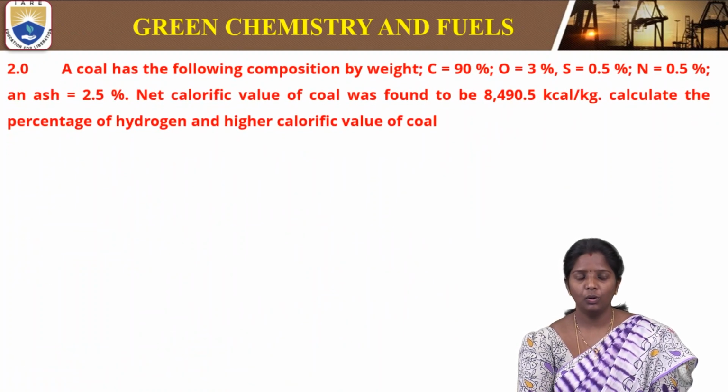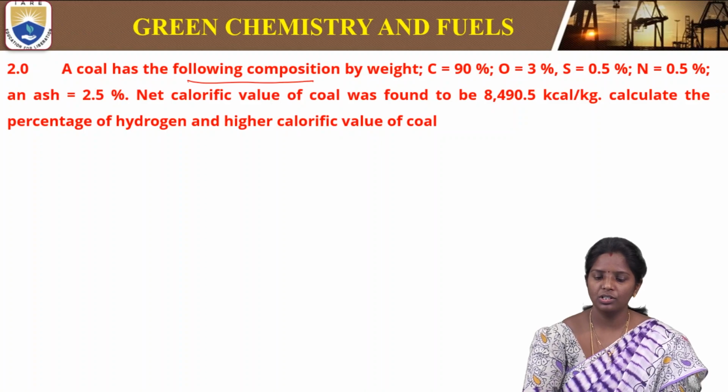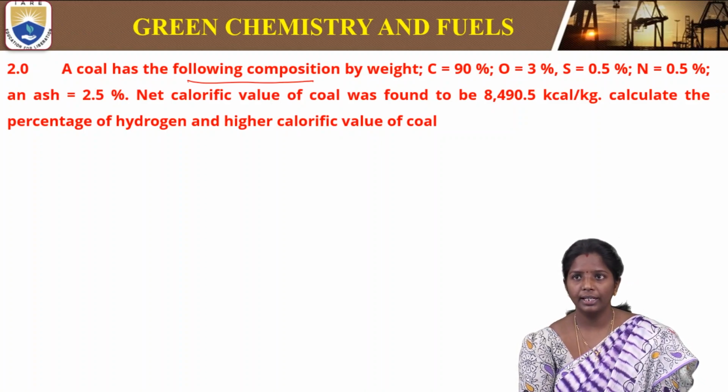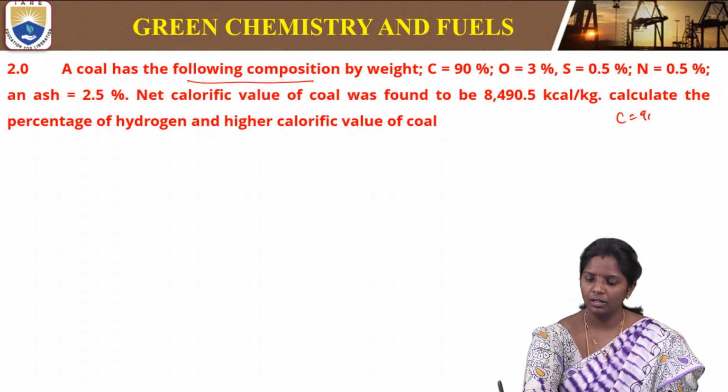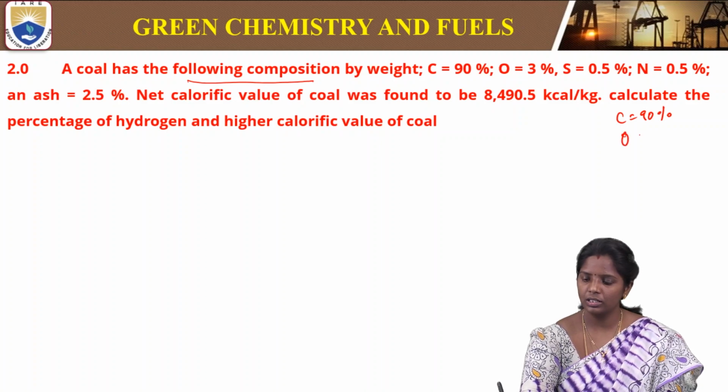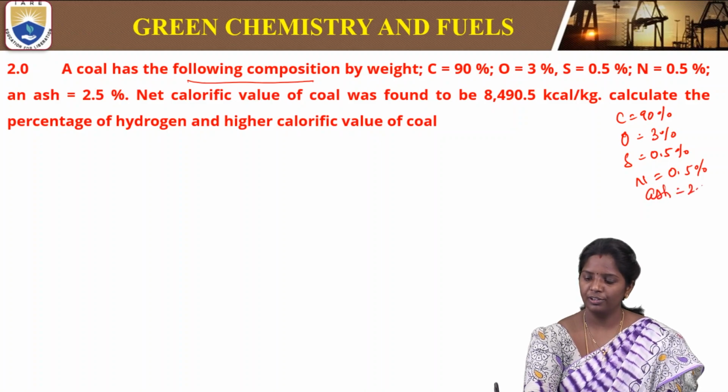Next, a coal sample has the following composition by weight. Carbon is 90%, oxygen is 3%, sulfur is 0.5%, nitrogen is 0.5%, ash 2.5%.